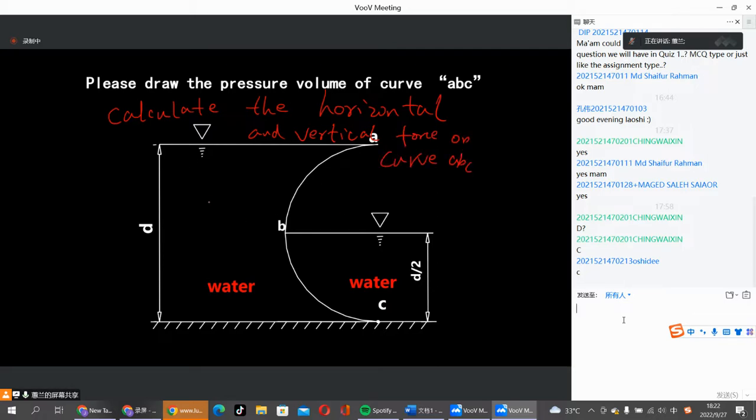The specific weight gamma for the water, okay? I need you to calculate the horizontal and vertical force on curve ABC. Unit weights, okay? You need to do this and submit online.